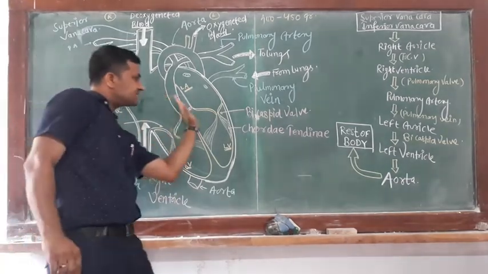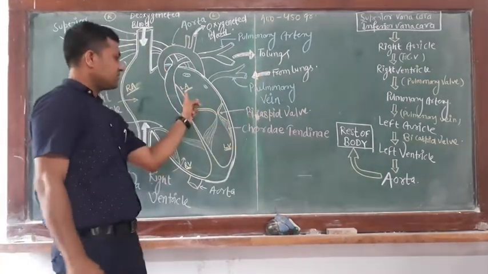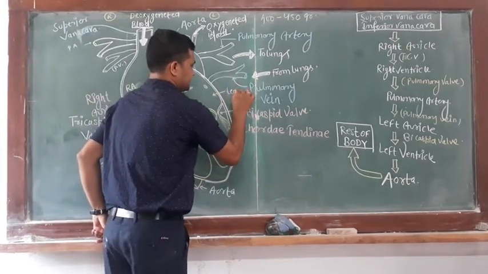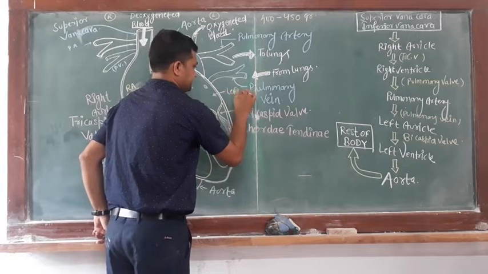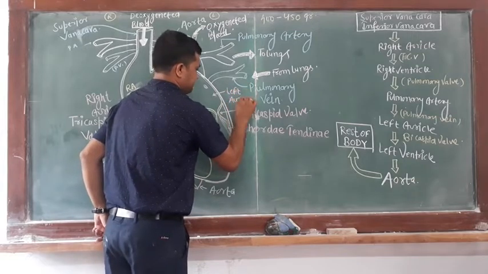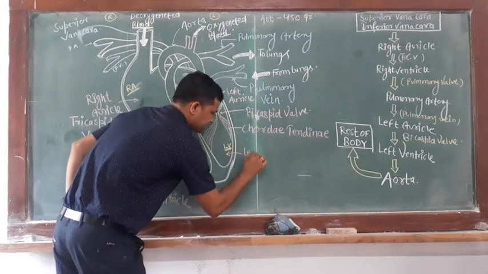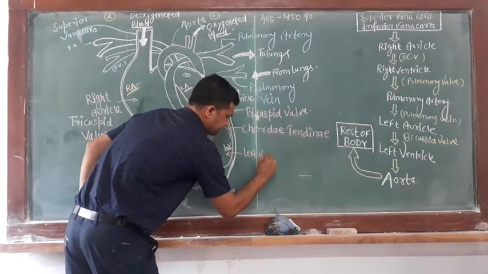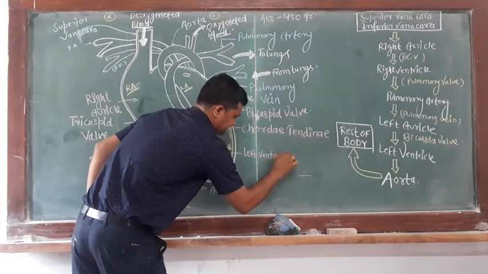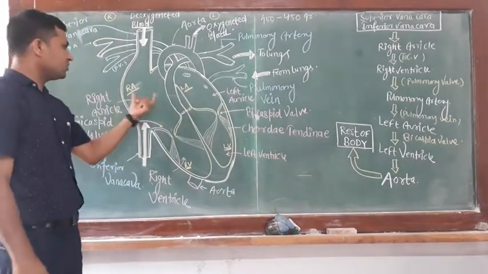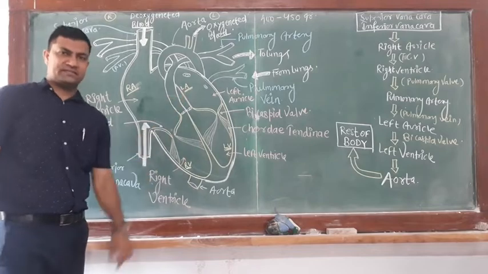And that part is the left side: left auricle and left ventricle. So two auricles, two ventricles.